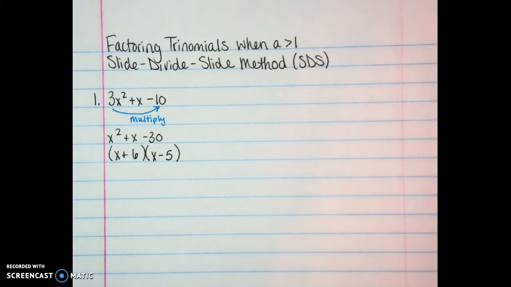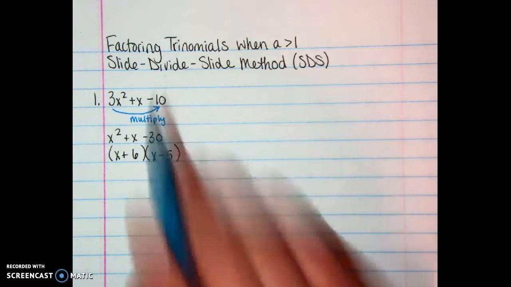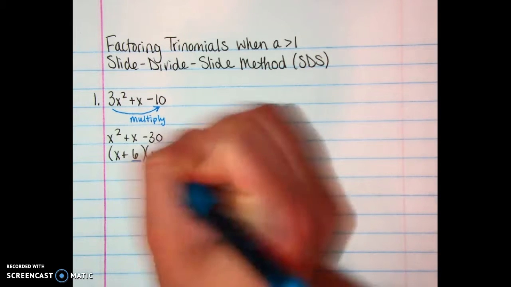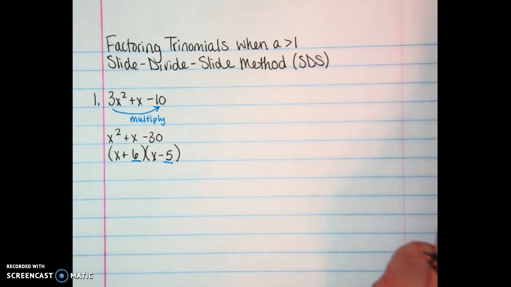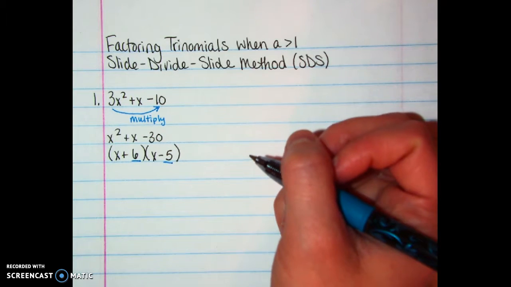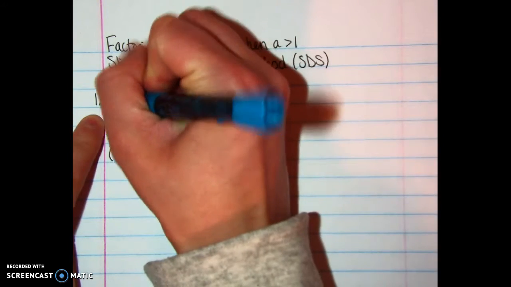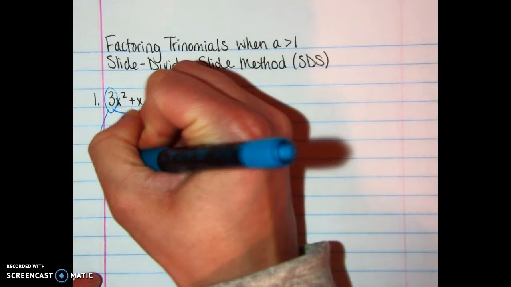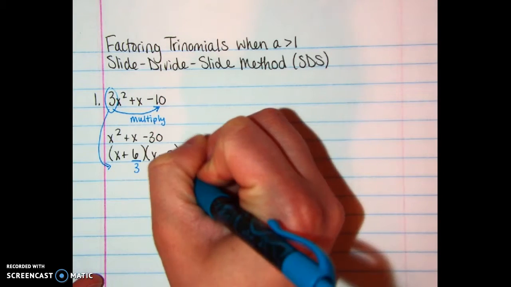Now the second step is to divide. I'm going to divide both of these numbers, the 6 and the 5, by the coefficient that we originally slid over. So this 3 right here comes down here, and I divide each of them by that number.